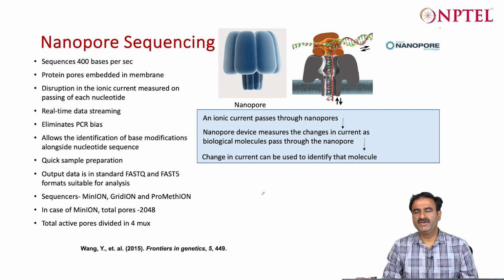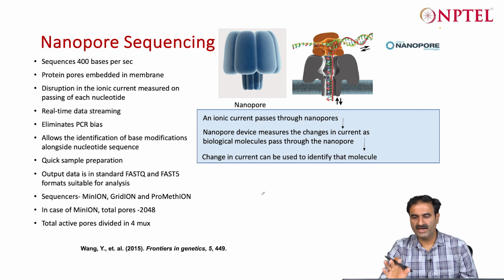Now to another very important and common third generation DNA sequencing technology, which is nanopore sequencing. Nanopore means there is a small nano-dimension pore, which you can see here. This pore allows a single-stranded DNA molecule to pass through. It does not require a polymerase.